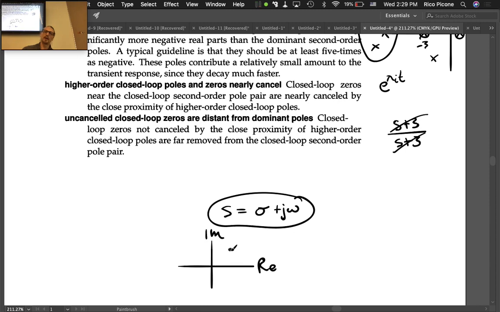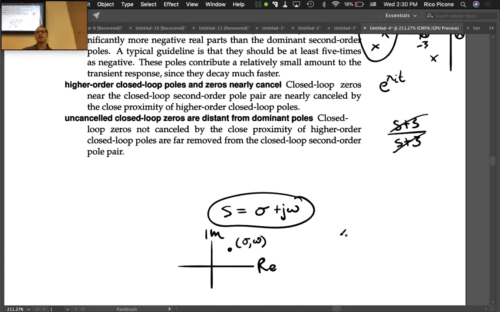So you have a coordinate here, which is a pair of numbers, a real number, which we often call sigma, and an imaginary component we often call omega. These can take on any real number value, positive or negative, each of them. So this point can move around in the entire plane.